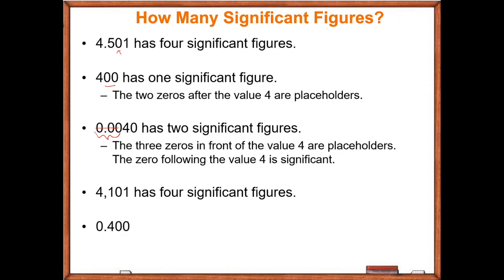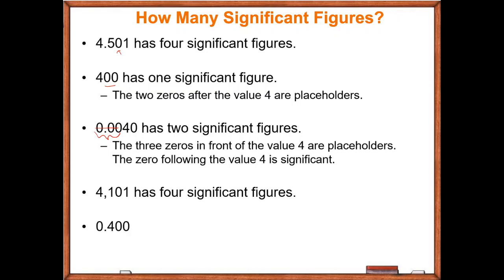But if we're somewhere else, the comma is sort of confusing. We'll get to the reason why in just a little bit, and we'll see why in the next slide. But this would have 4 sig figs, as long as you're reading it the US way, this would be fine.